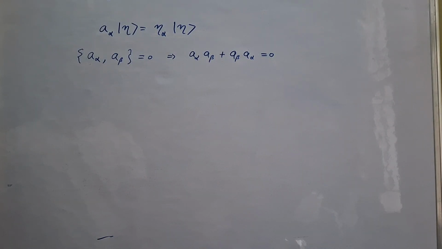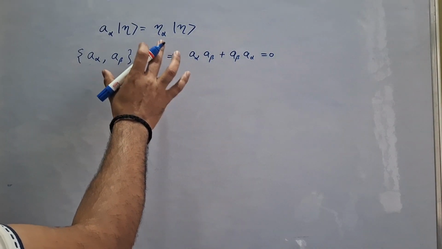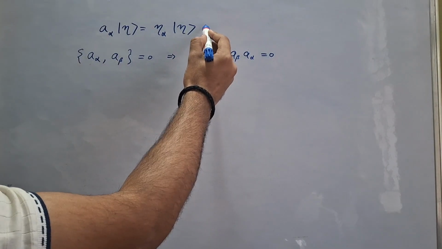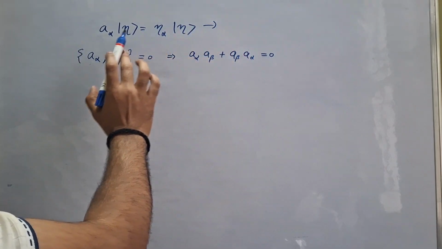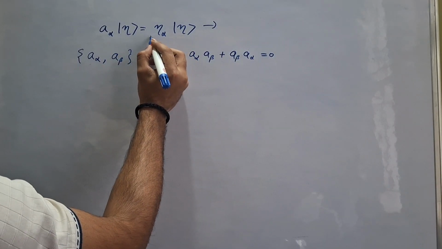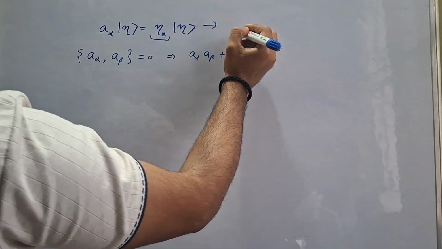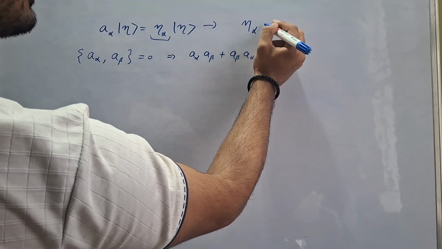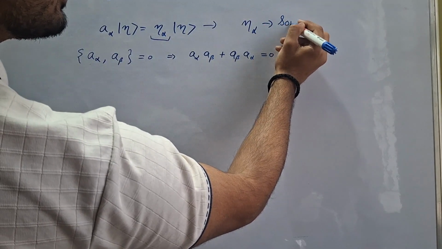Now what happens if you use this property here, because this is the eigenvalue equation, right? So this is some operator operating on a state, and this gives you some number, this eta alpha is some number.